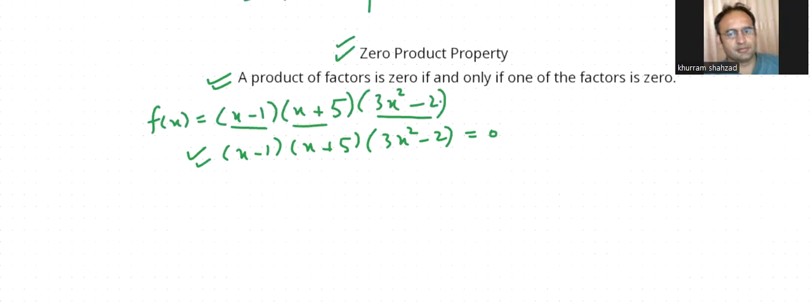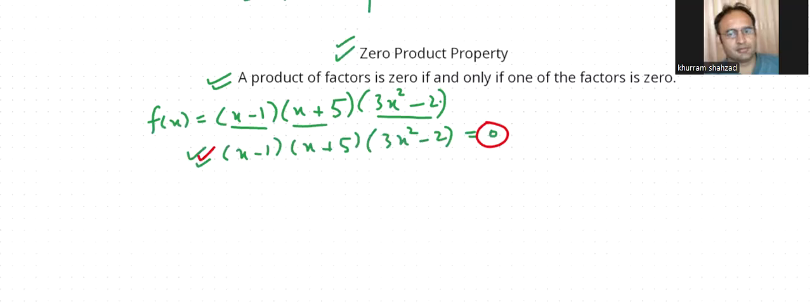So this product is 0 when at least one of them is 0. Otherwise, this is not equal to 0, and we cannot write the 0 on the right hand side. So this product is 0 if and only if one of them is 0.